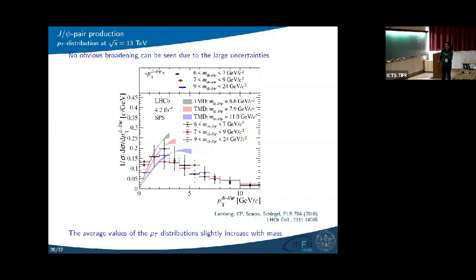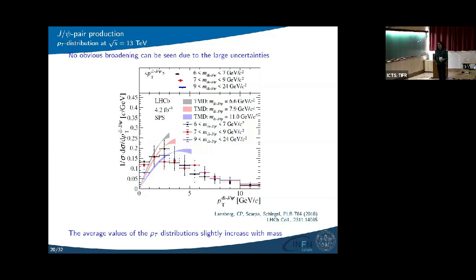Because after we tried to do this extraction, we also included evolution, and we see that the data don't really seem to have this strong dependence on the evolution, or at least it is less strong than what we anticipated. But this is fine, because TMD evolution also includes non-perturbative ingredients, which we didn't have at the time.